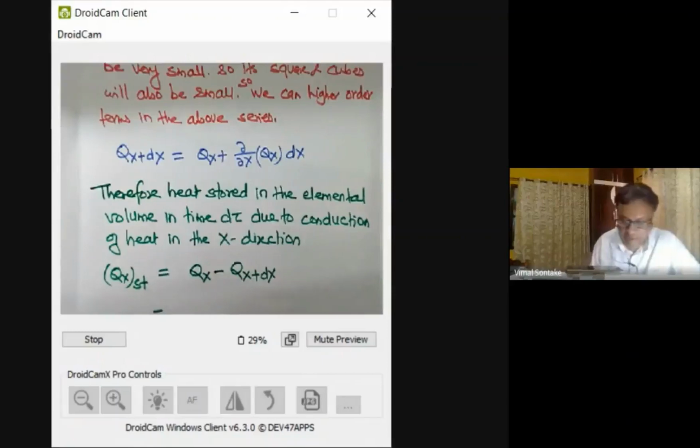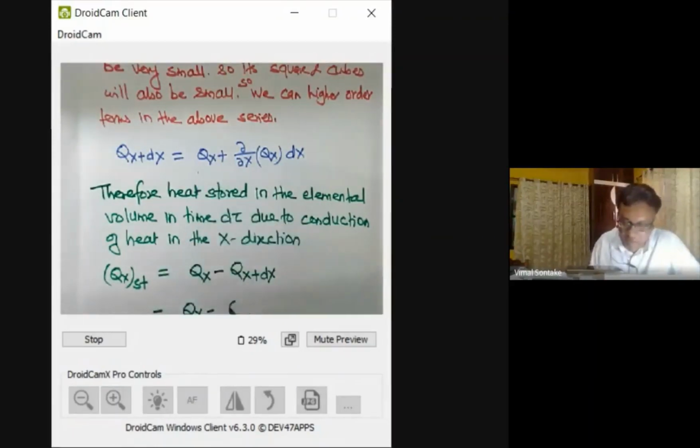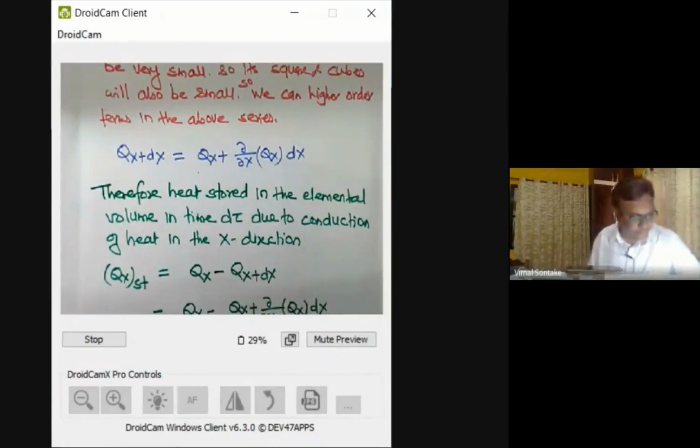Now let us simplify this. Qx minus, let us write down the expression of qx plus dx from this equation. So qx plus del over del x of qx into dx. The bracket is here.